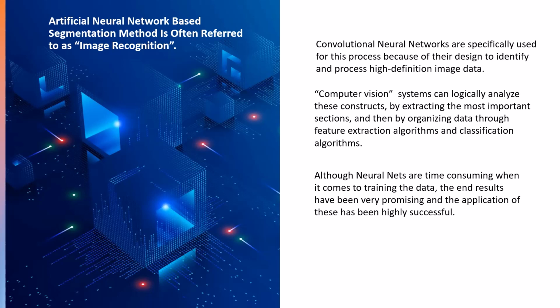These computer vision systems can logically analyze the constructs by extracting the most important sections and then organizing data through feature extraction algorithms and classification algorithms. Although neural nets are time-consuming when it comes to training data, the end results have been very promising and the application of these have been highly successful.